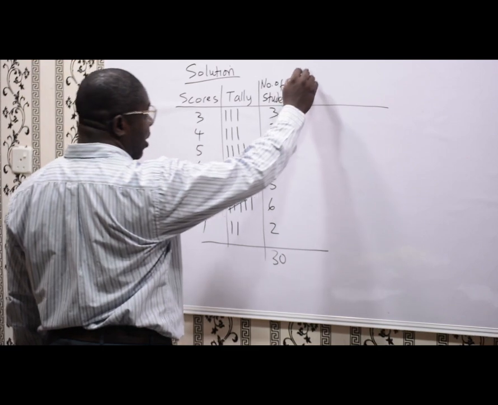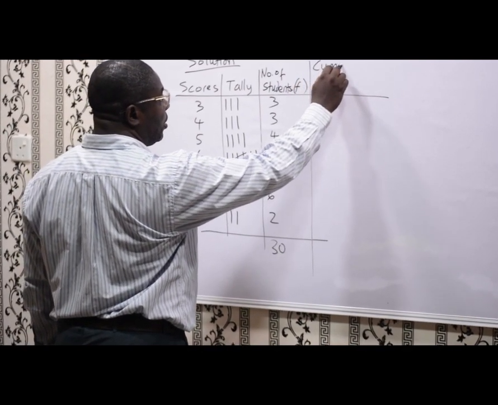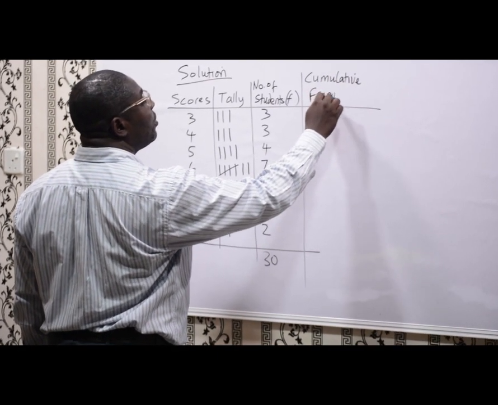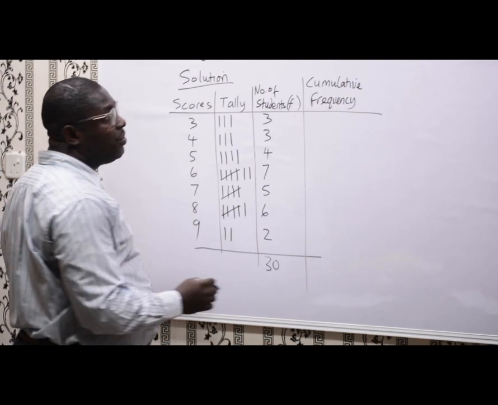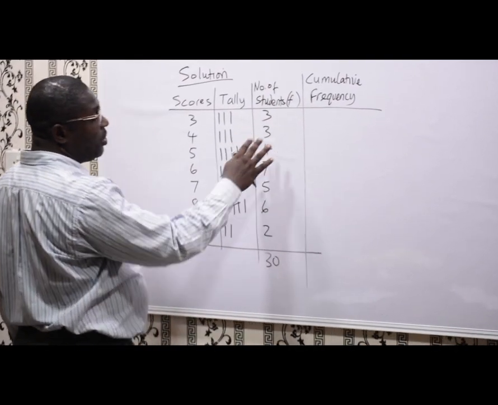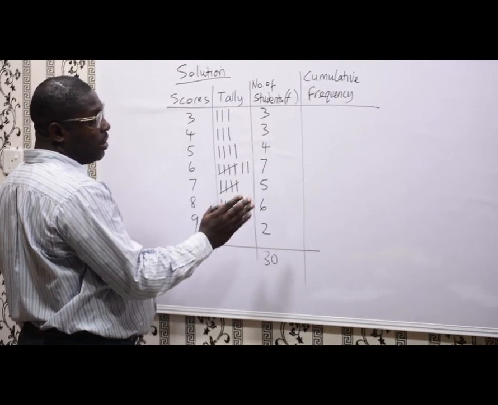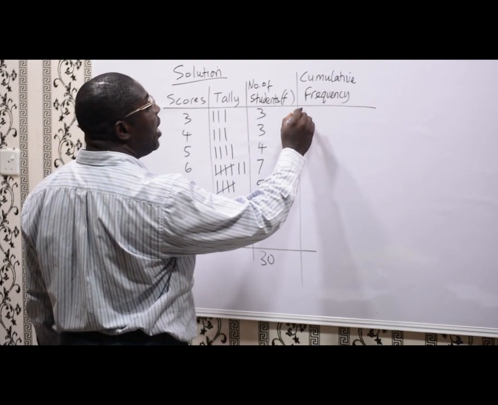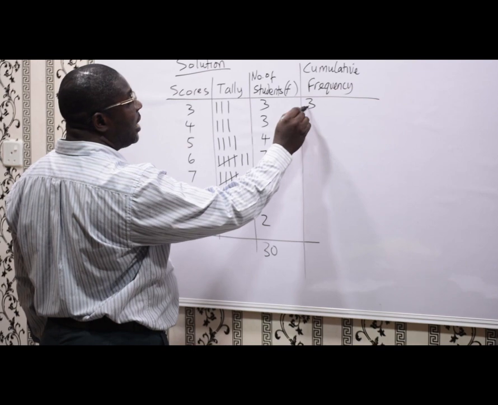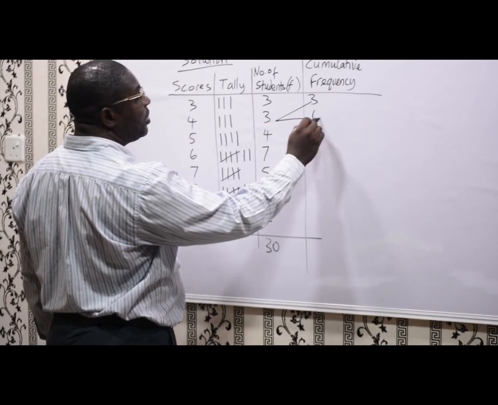Let's quickly now calculate cumulative frequency. The cumulative frequency is adding up each of the frequencies from one level to the other. So in this case, I'm going to have 3 here. This is the first frequency. Now, by the time I add this to this, 3 plus 3, I have 6.